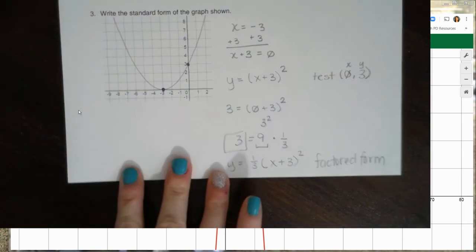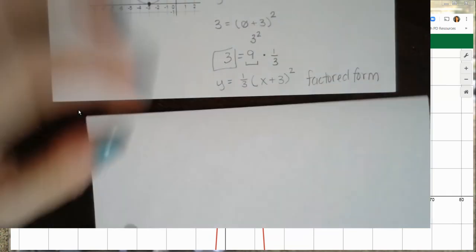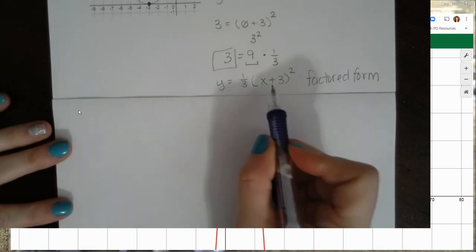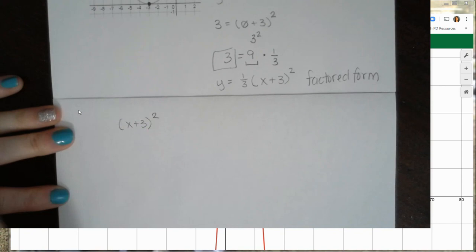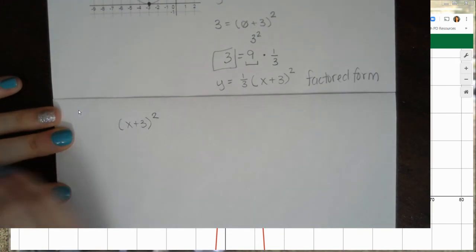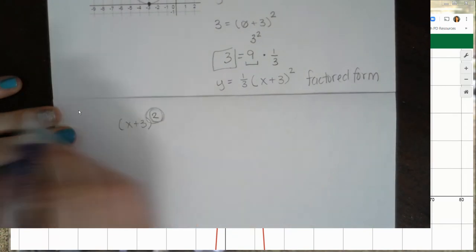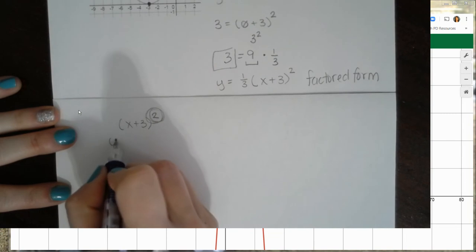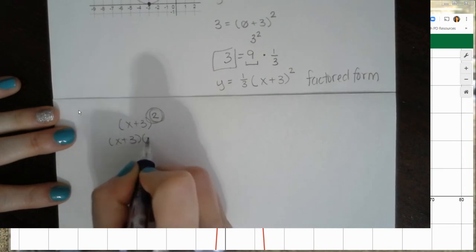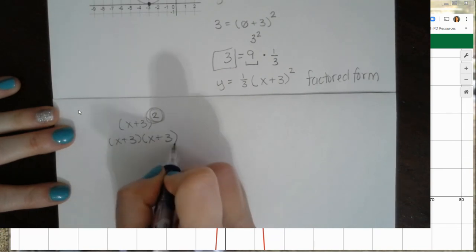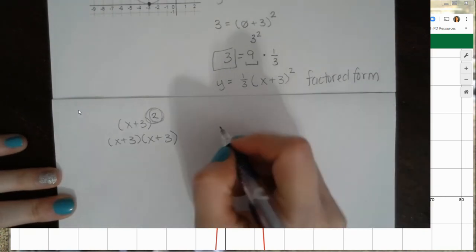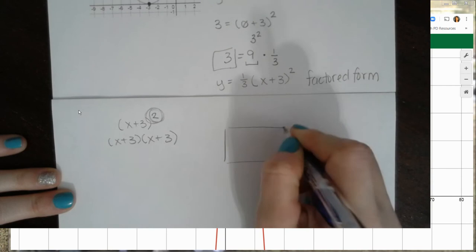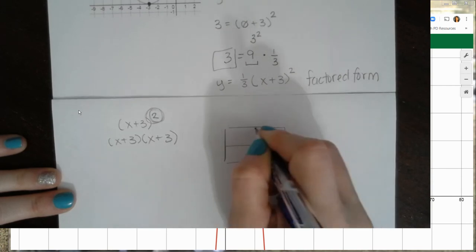Now I don't have enough room, so I'm going to grab another piece of paper. So I have x plus 3 squared that I'm going to deal with first. This tells me that I have to do x plus 3 times x plus 3. So we're going to go to the box.